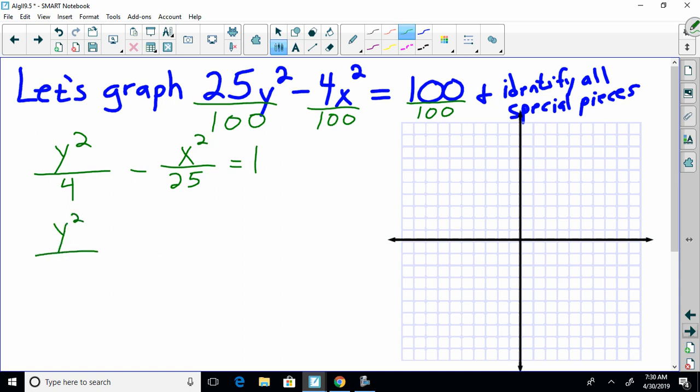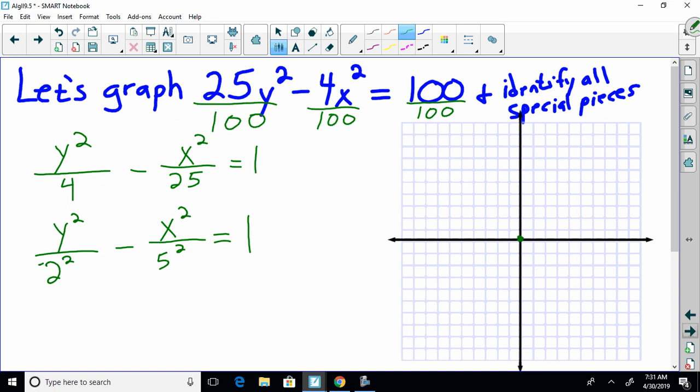And we can think of 4 as 2 squared. We can think of 25 as 5 squared. We know the center, 0, 0. We know, since y squared comes first, that this is an up and down or vertical hyperbola.